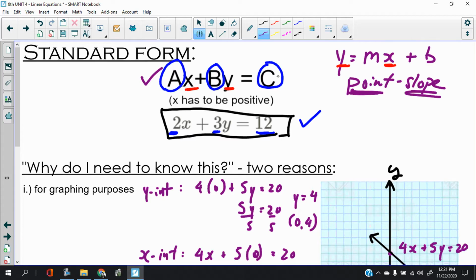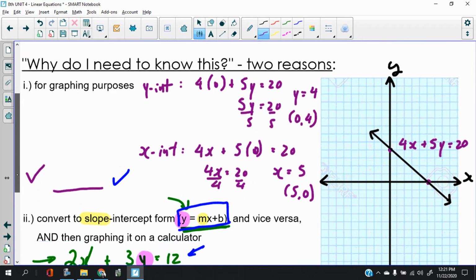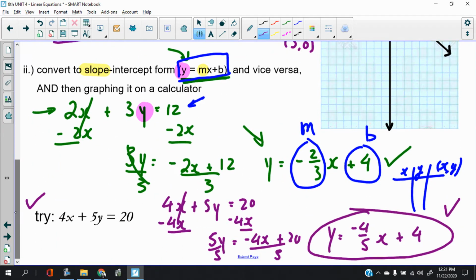Ax plus By equals C, where A, B, and C are actual numbers. Why do you need to know the standard form? Two reasons. For graphing purposes, to look for the y-intercept and the x-intercept, or sometimes what the regents want you to do is to turn it into a slope intercept form. Okay, and that's what they want you to do.